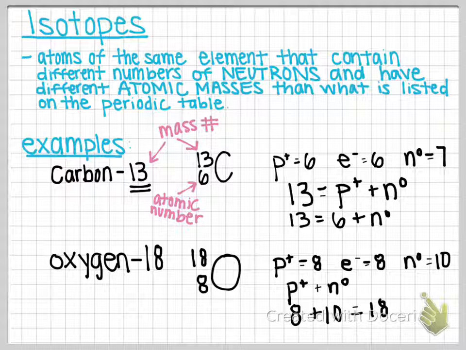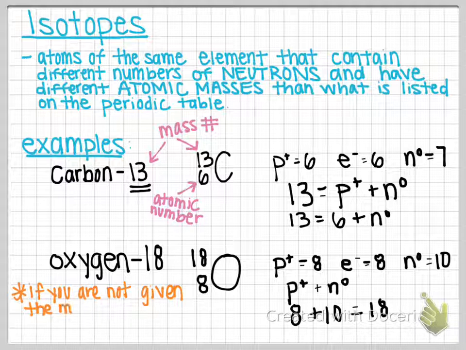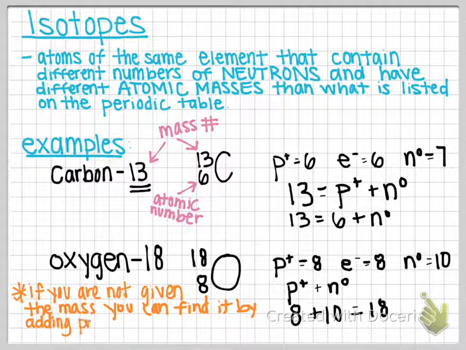That was just one example to show you that if you are not given the mass, you find it by adding protons and neutrons.